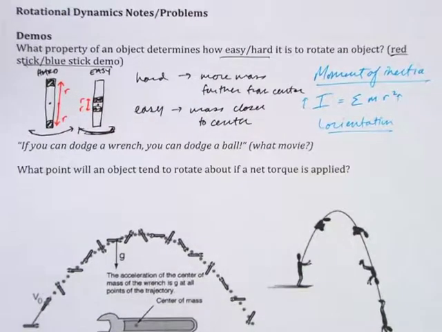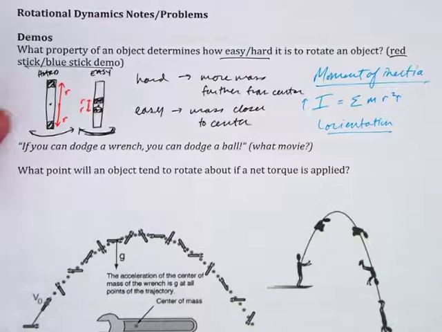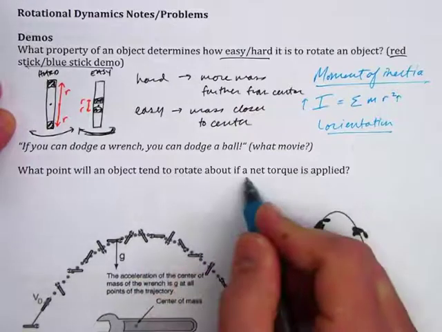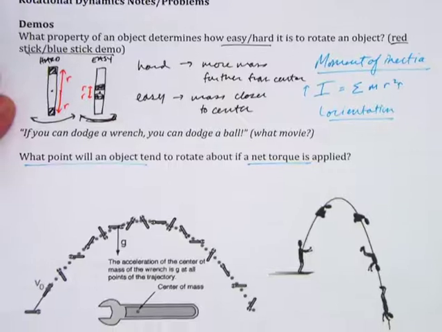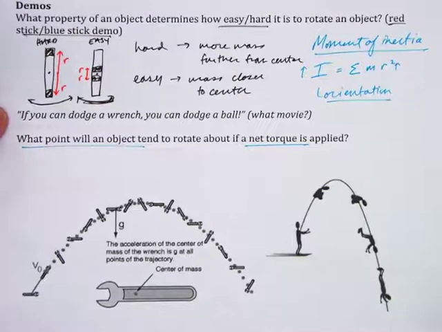Okay? So now what if I have an object that is free to rotate when I apply some net torque? At what point will it tend to rotate? So really two ways to look at this. In this first example, we have a wrench where we have a known center of mass, and that center of mass is closer to the heavy end than it is to the lighter end.